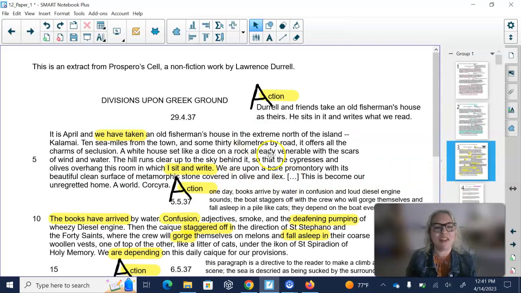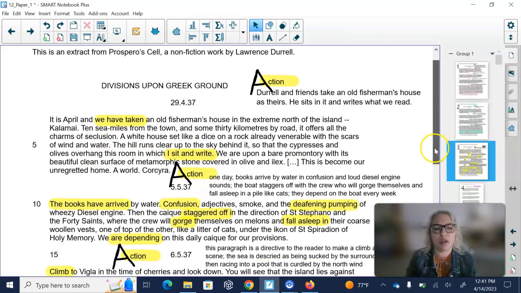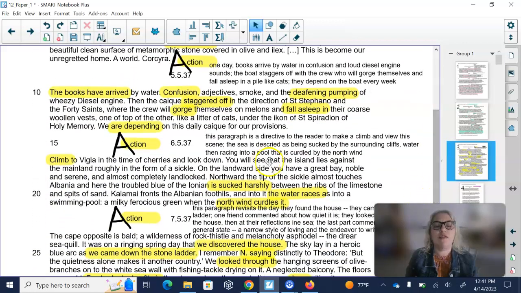Okay, what is happening? In the first paragraph, Durrell and his friends take an old fisherman's house as theirs, so that must mean they're renting it, right? He sits in the room and writes what we read. The second paragraph, one day books arrive by water in confusion and loud diesel engine sounds. The boat staggers off, which is an interesting personification, right?